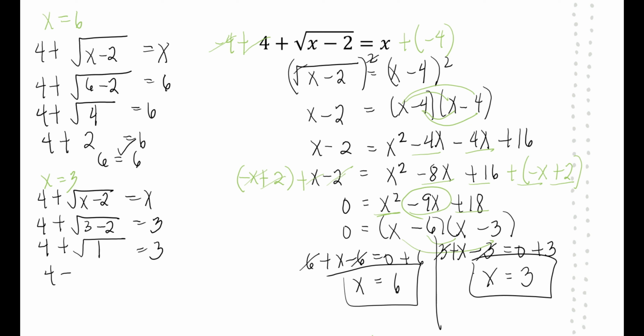And the square root of 1 is equal to 1. 4 plus 1 is equal to 5. And it is not equal to positive 3. Therefore, we can say that x equals 3 is not the right root for our given radical expression, and our only root is equal to positive 6.